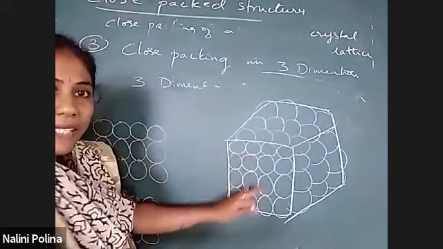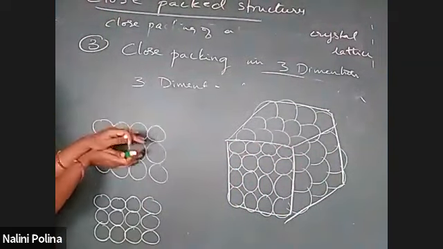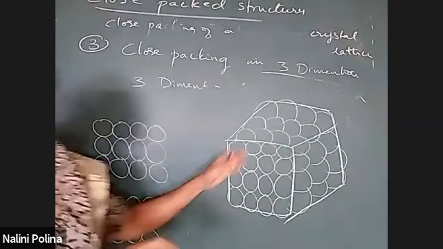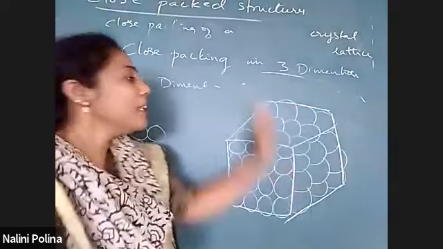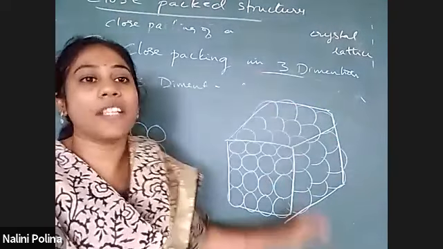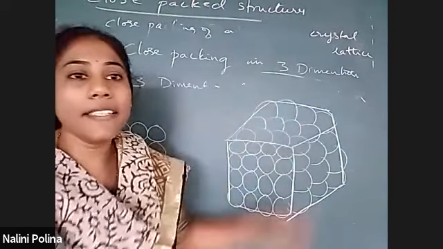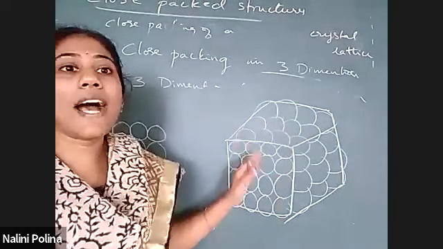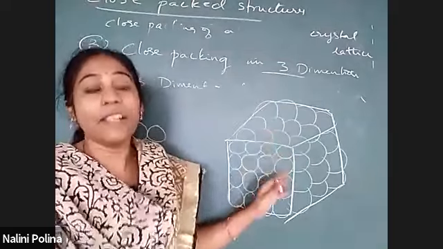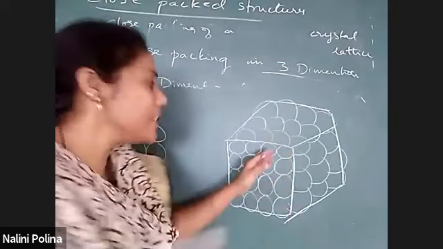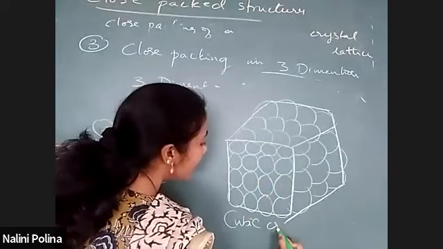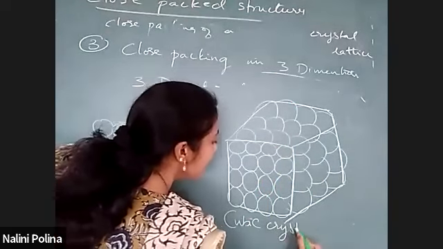So something like this. One layer, one layer. When I keep on putting layer on layer, this is how a complete cube is formed. Now this is a 3-dimensional structure. The length is there, breadth is there, height is there. So all 3 dimensions are there. So this is how you will get a cubic crystal lattice. This one we will call a cubic crystal lattice.